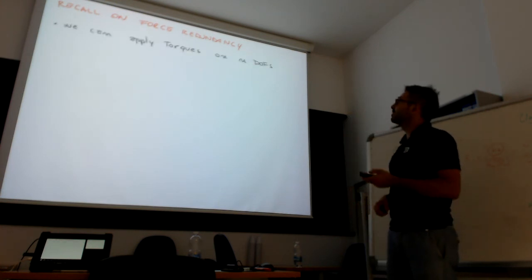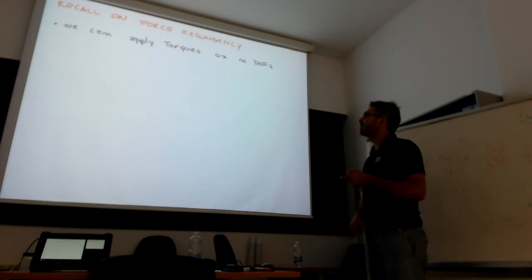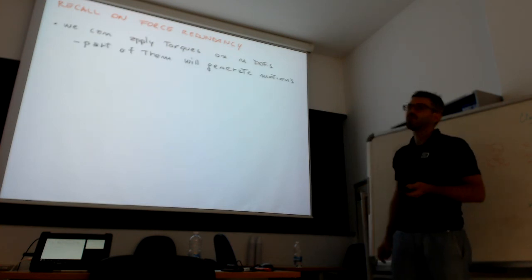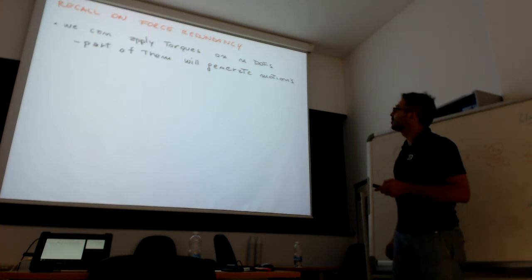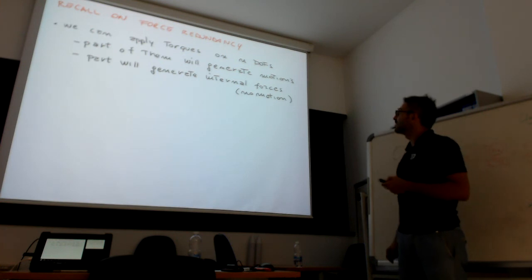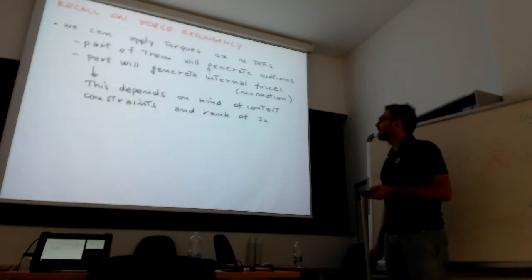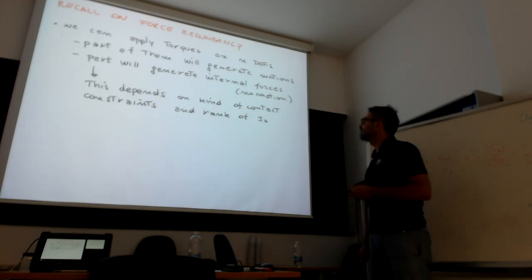We can exploit, for example, the force redundancy. I will recall quickly what we said in the last lecture, that we can only apply the torques on the degrees of freedom. Part of the torques will generate some motion, part of the torques will generate internal forces, so no motion, and this depends on the kind of contact constraints and on the rank of the J_B matrix.